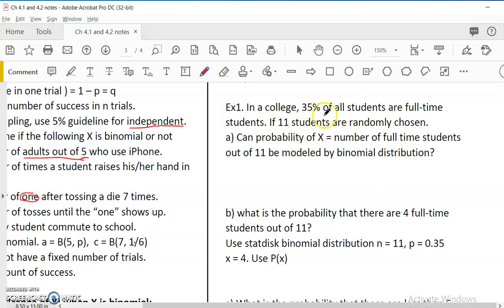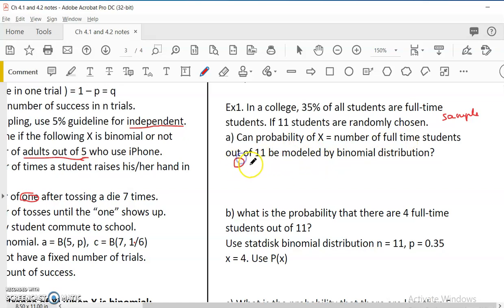Last time, we said this is the relative frequency, and relative frequency is probability. If you select one student, there's a 35% chance that person is full time. But I'm selecting 11, so this is sampling. If I sample 11 students, can the number of full-time students out of 11 be modeled by a binomial distribution?